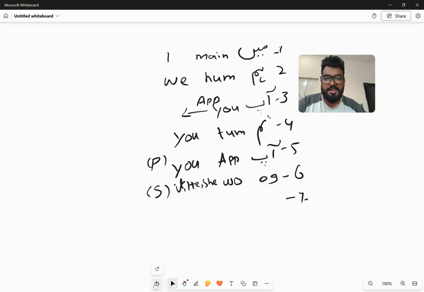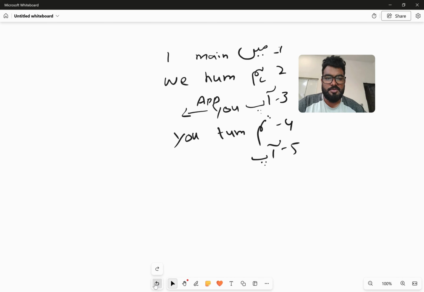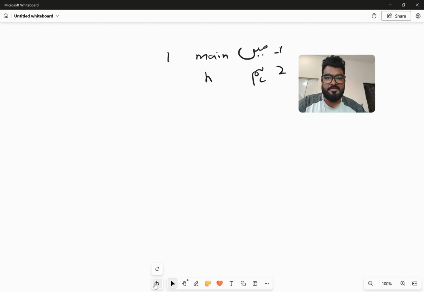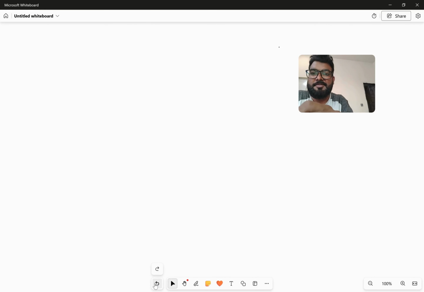This time we have learned the pronouns. So I will make a few small sentences, if you want to see the pronouns and nouns which we have learned, so then you can make sentences with me.